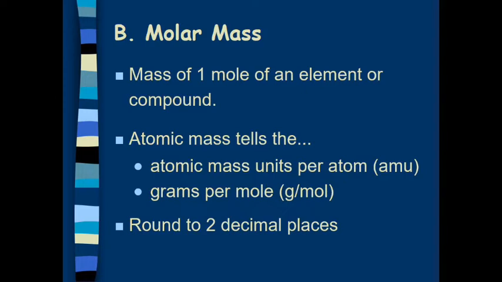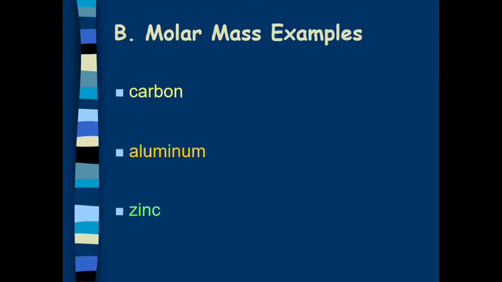So I am looking at mercury right now, Hg. The mass on the periodic table is 200.6. I cannot add a second decimal place because I do not know what that decimal place is. But we will round the values from the periodic table to 2 decimal places. So if you're going to look at molar mass of a substance, I've got 3 different examples right here.